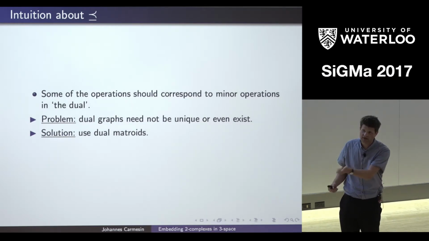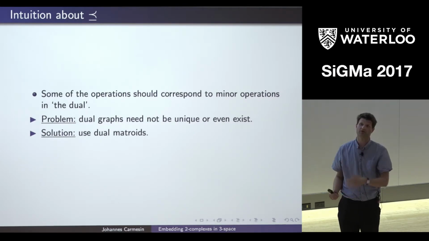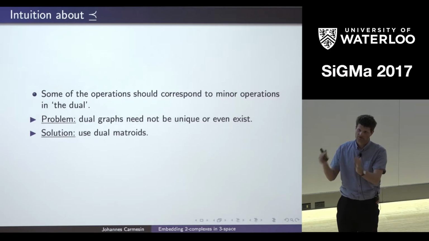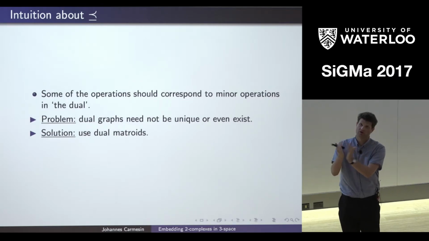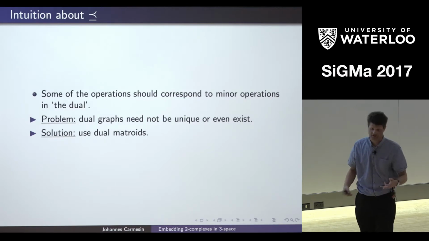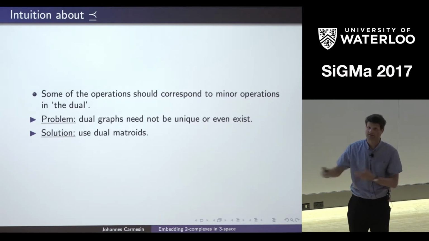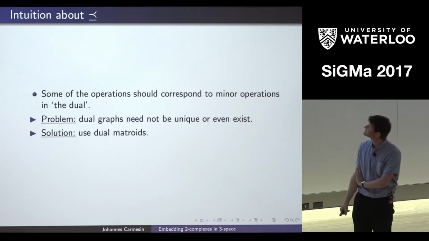I mean, if you contract too many edges and you have a face of size 3, then it can contain 3 loops, and then you're no longer allowed to contract that face, right? You're only allowed to contract faces of size 2. Right. So you have to be careful with the contractions, but somehow you can combine that in a nice way so that it's enough to do these contractions.